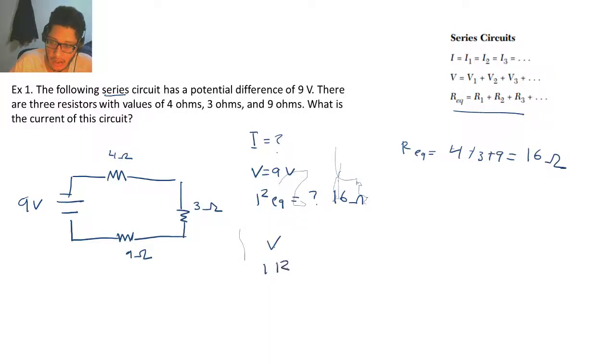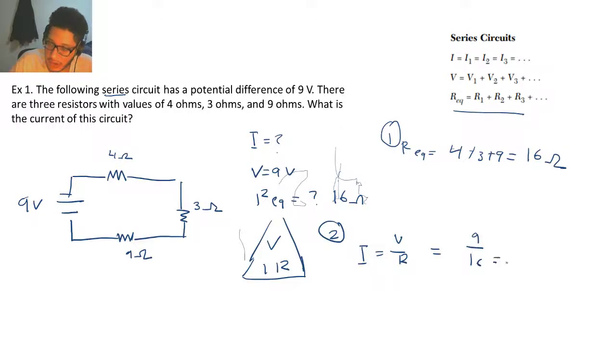V, I, R. Well, if I'm solving for I, I can do I equals V over R. And remember, this was the first setup, this is the second setup. To give me 9 over 16 to get 0.56 amperes. And because it's a series circuit, that's my current at each one of my resistors. It's the same current, 0.56 amperes of current.